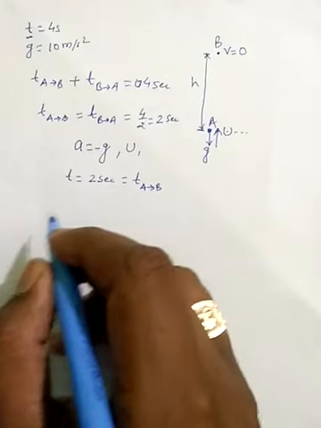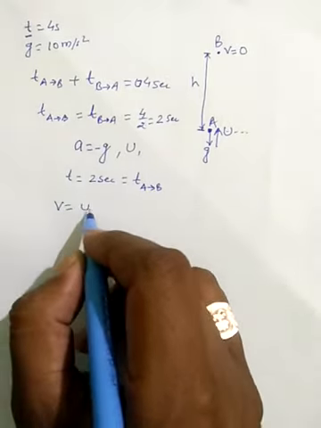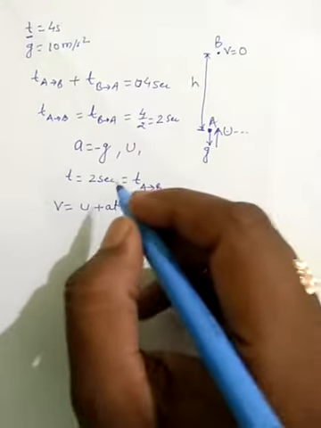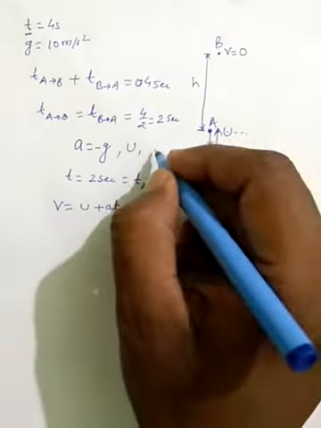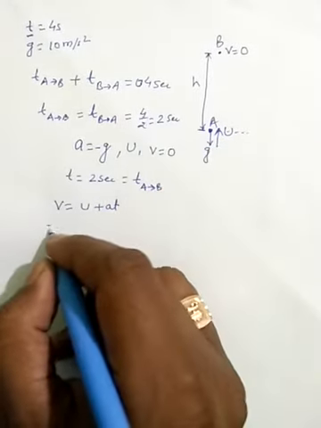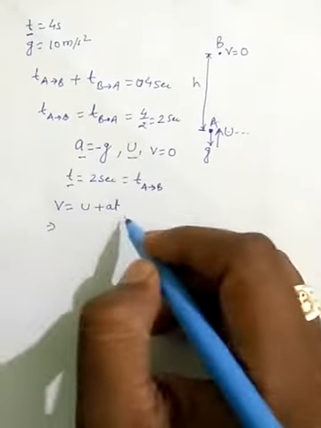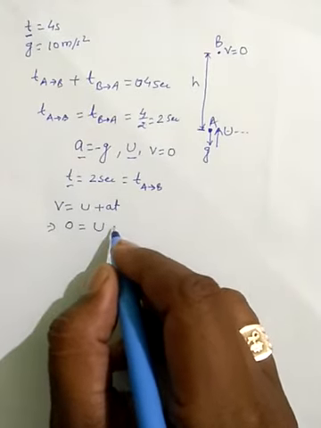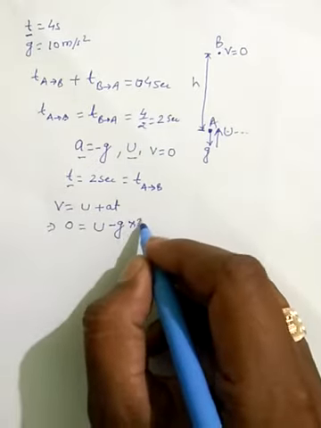From the equation of motion we know that v equals u plus at. In this case a is negative, and the final velocity at the top is 0. Putting the values of a, u and t in this equation: 0 equals u, which we have to find, minus g times 2 seconds.